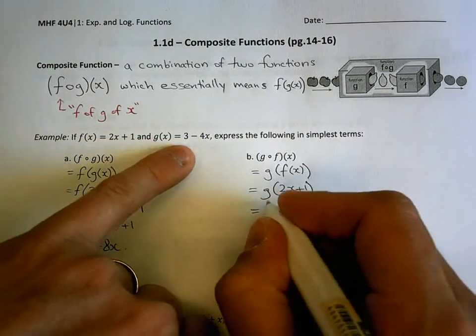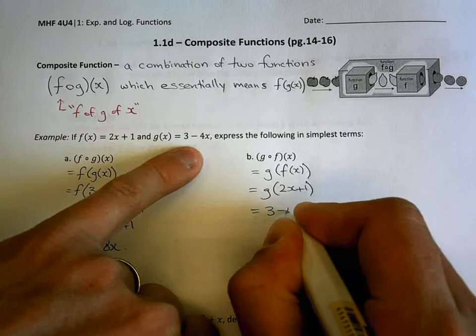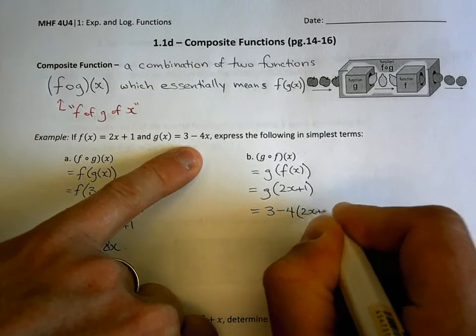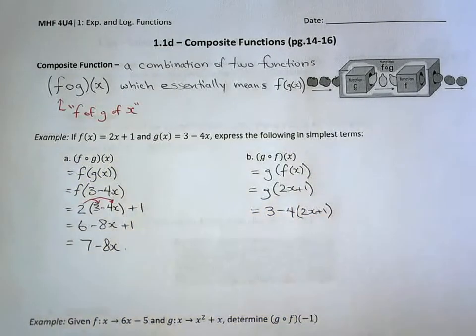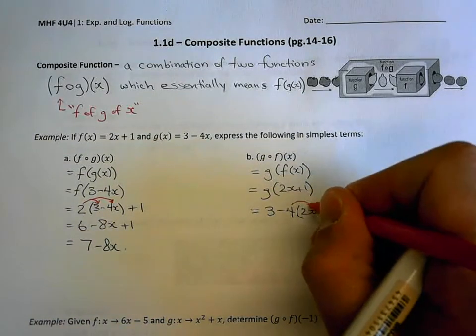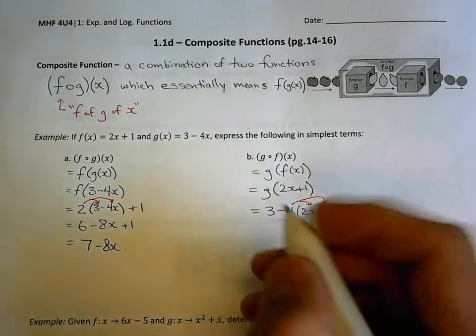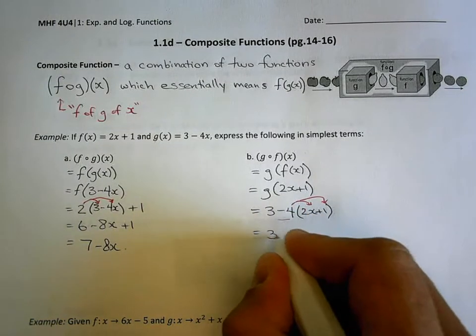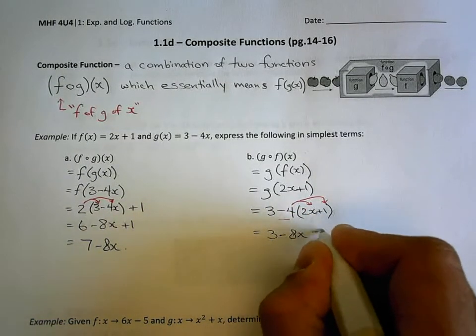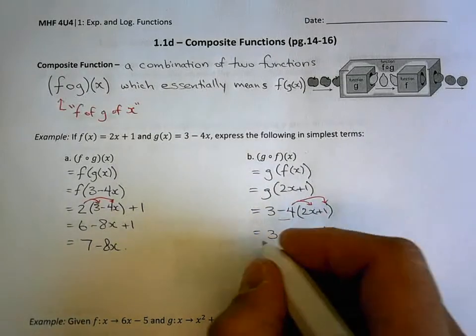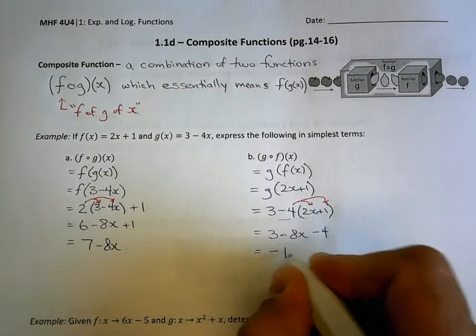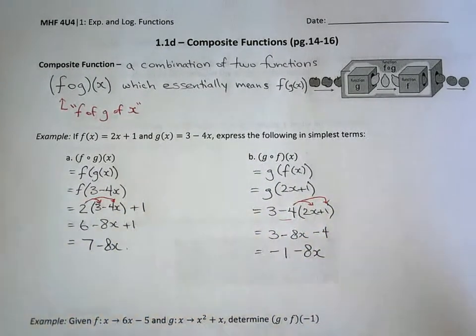So now I take g and replace the x's with 2x plus 1. Again, this is just a distributive property question. Be careful with distributive property. There's a negative 4 here. So I end up with 3 minus 8x minus 4. So I end up with negative 1 minus 8x.